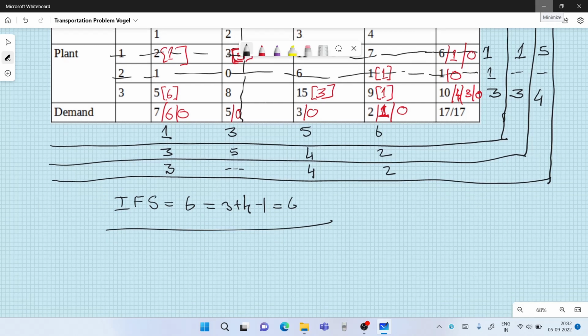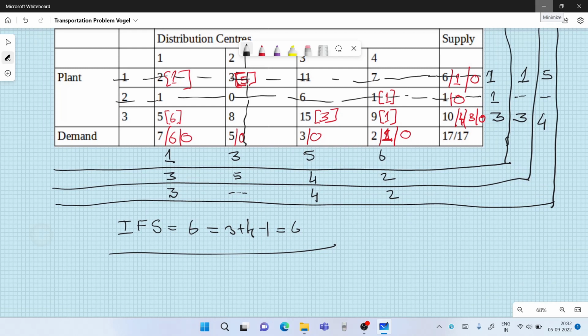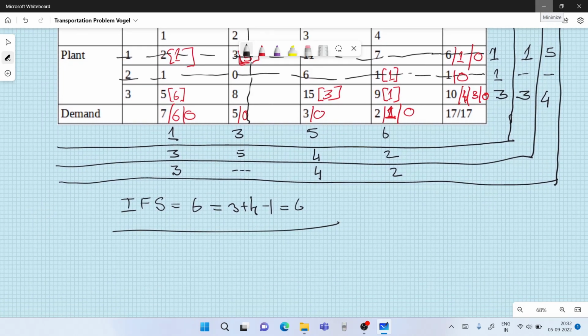Now, so let's go ahead and calculate what is the cost now of supplying. So the cost is going to be now rupees 1000 into 2 into 1 plus 5 into 6.